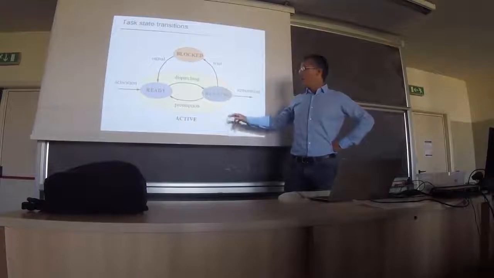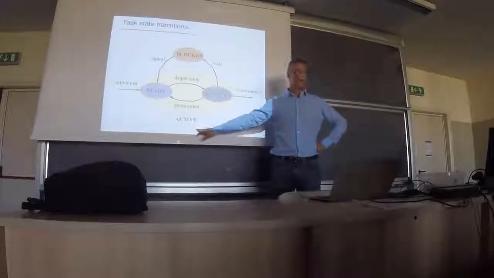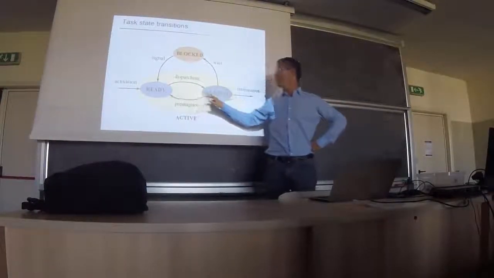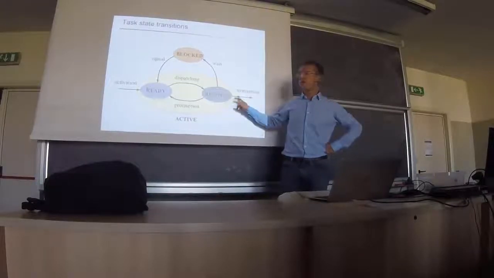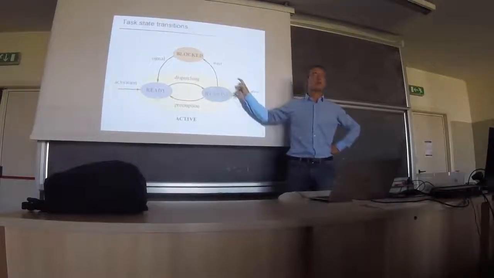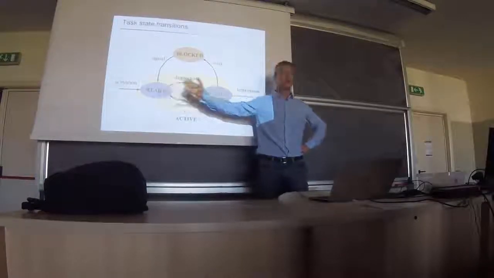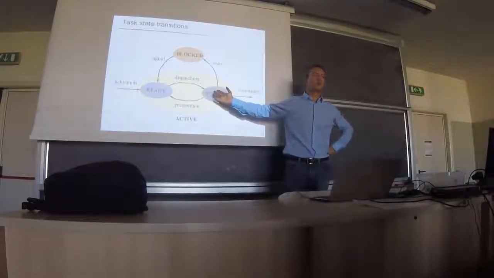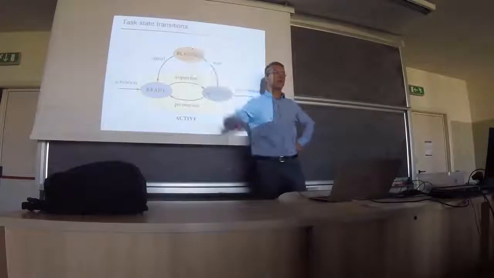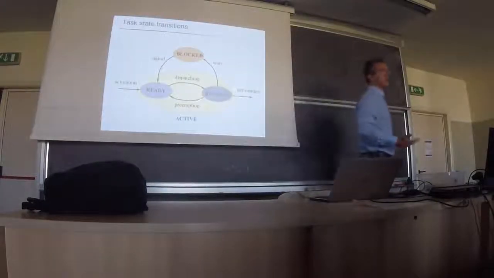We will call a task active whenever it is either in the ready or running state. It is either eligible to be executed or it is executing. When it is blocked, it is not eligible to be executed.